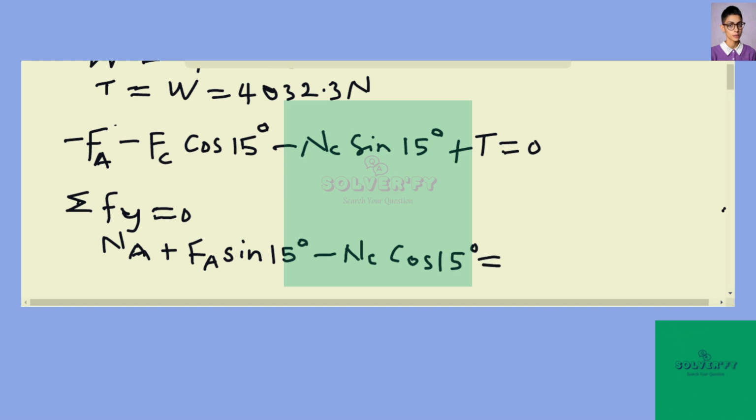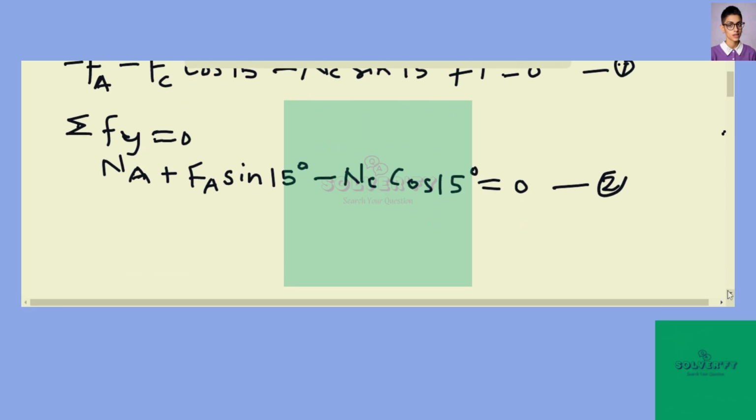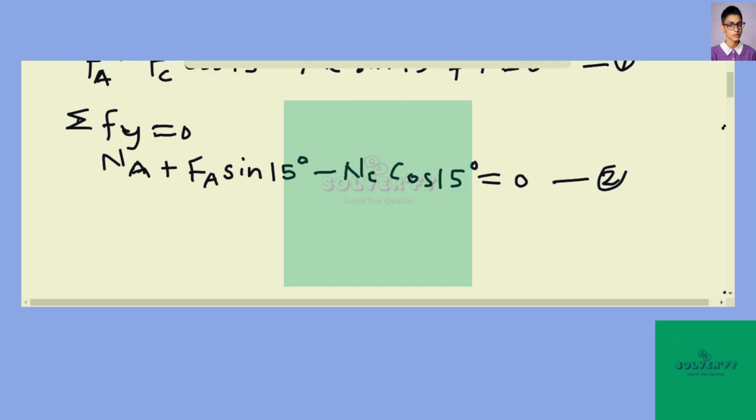Now you can call this equation 1 and this equation 2, plug in all the values for the coefficient of static friction, and put your cosine and sine into your calculator.